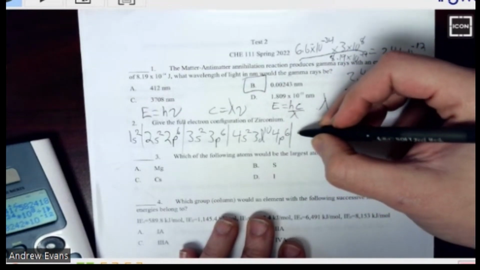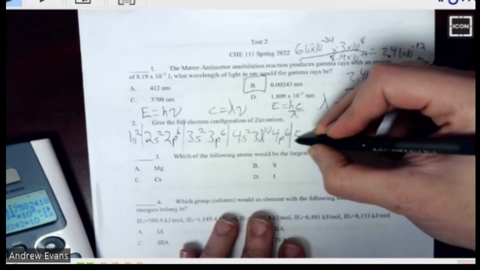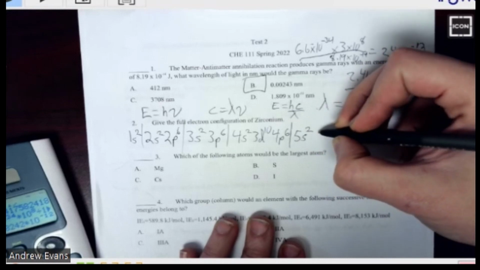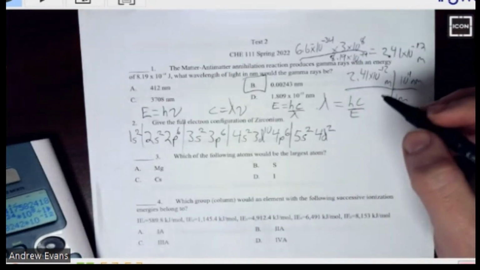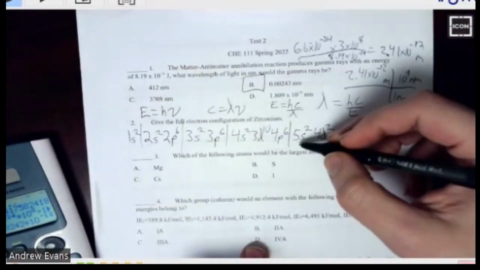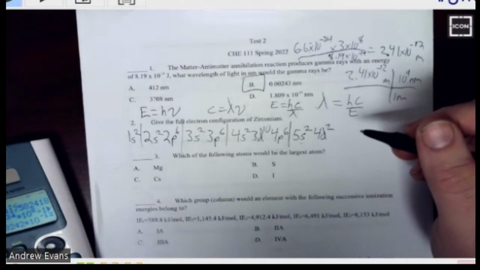And then since it's the second element, 5s2, 4d2. You had to have all this for full credit.